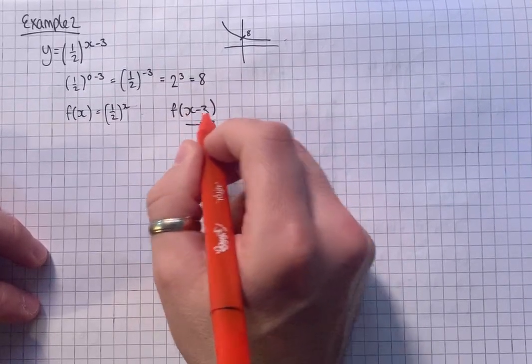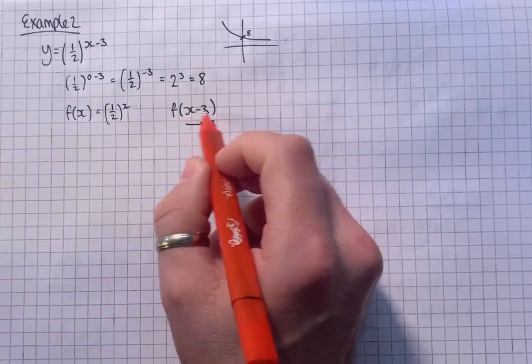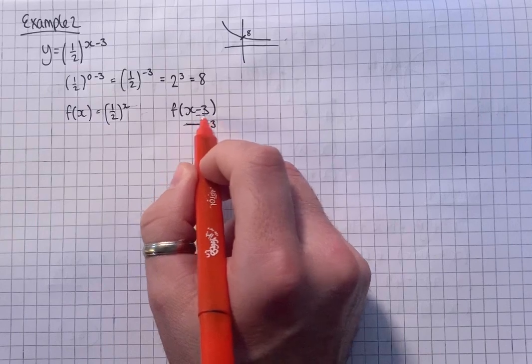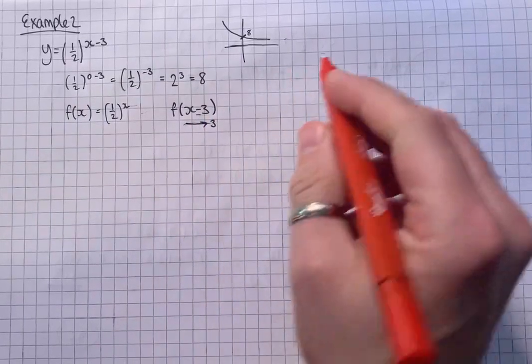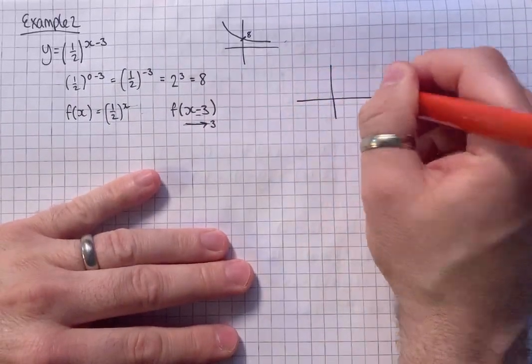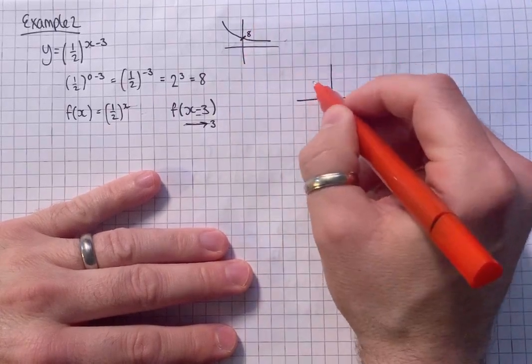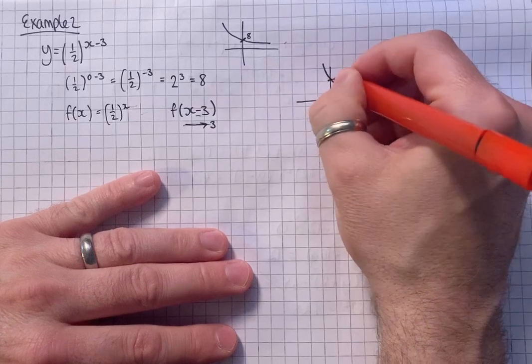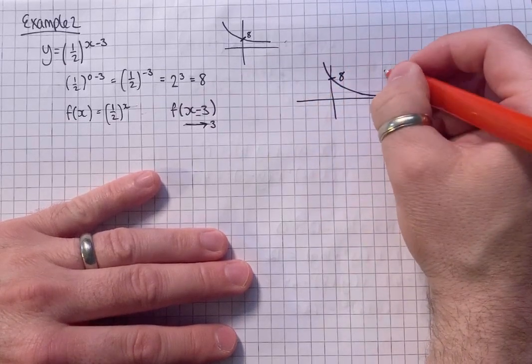Horizontal because it's in the bracket. If you remember the story, if you're in a cage, you're awkward, so you're going to shift 3 to the right, not as you'd expect 3 to the left. So if we shift that graph 3 to the right, it'll look something like so.